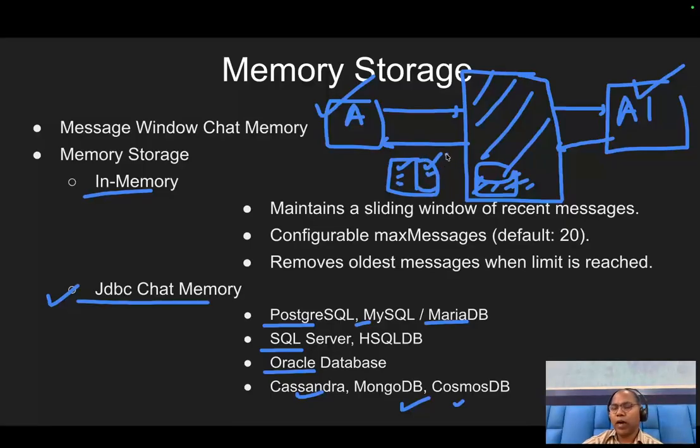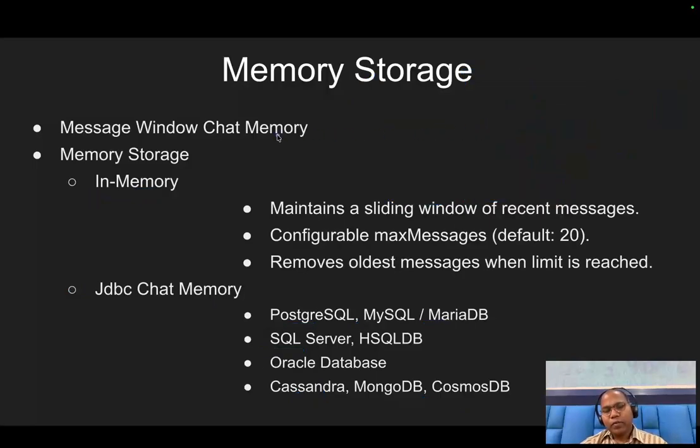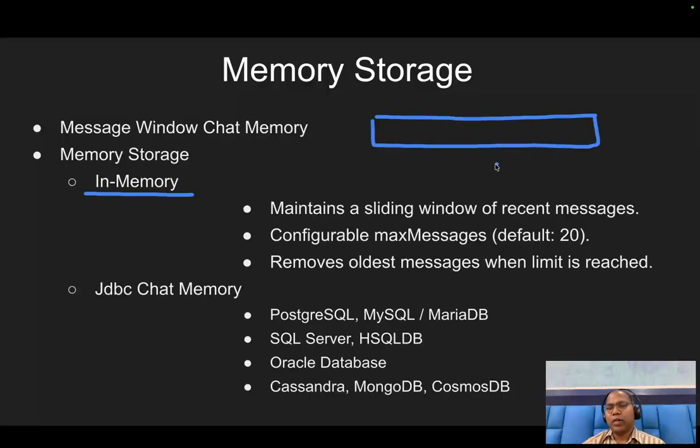Whenever you ask the AI model a question, this complete context information, the history, is passed with the prompt itself, the message itself, so that the AI is aware of all the previous historical conversation between the users and the AI model. Generally, by default, they support in-memory and maintain 20 messages.